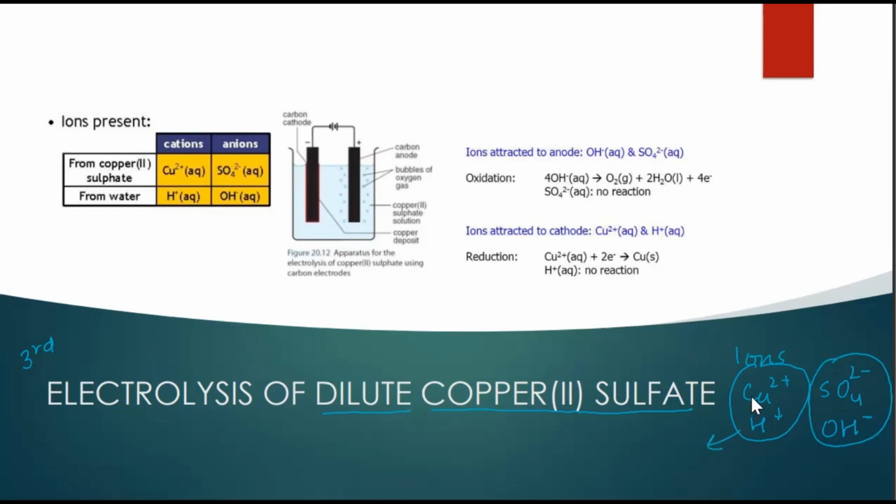They both will be moving, copper ions and hydrogen ions, toward the cathode, but only one will be discharged. Similarly, sulfate and hydroxide both will be moving toward the anode, but only one will be discharged.